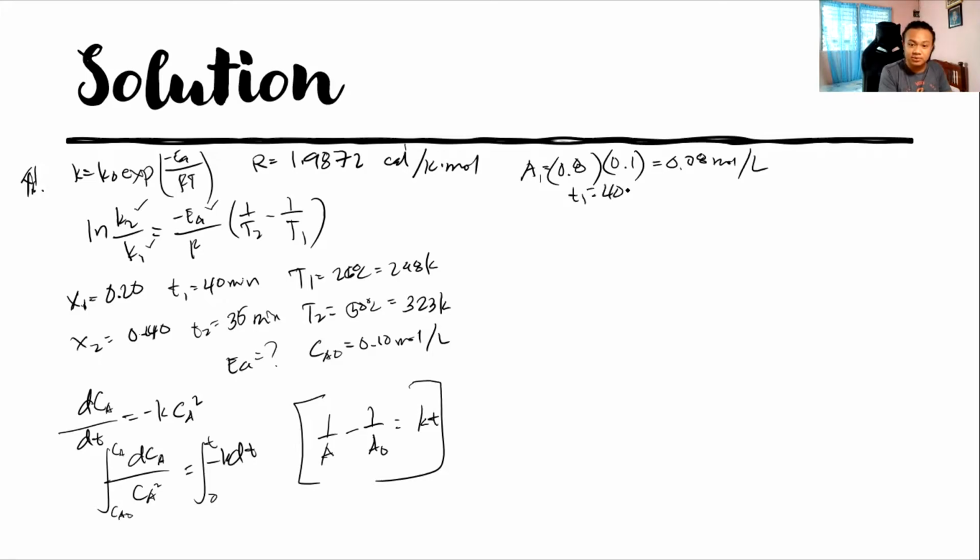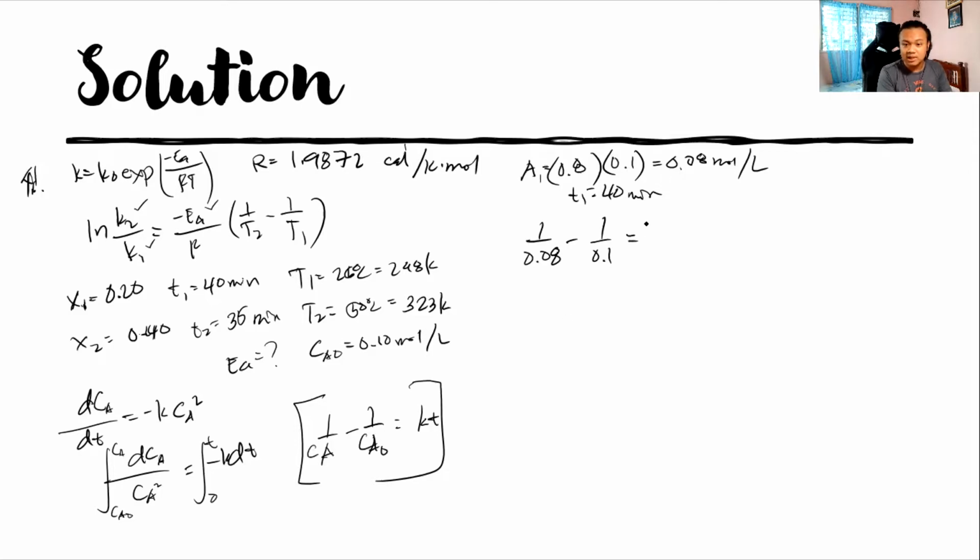So it's 40 minutes. So let's substitute it here. So we have 1 over 0.08 minus 1 over 0.1, right? We got the initial concentration. So we have CA and then CAO.